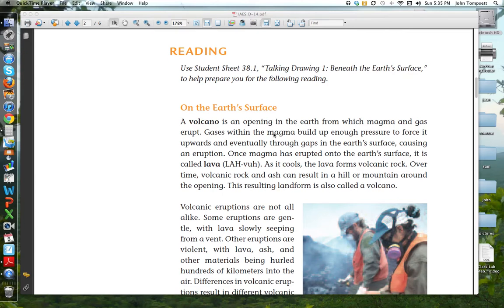Gases within the magma build up enough pressure to force it upwards and eventually through gaps in the Earth's surface, causing an eruption. Once magma has erupted onto the Earth's surface, it is called lava. As it cools, the lava forms volcanic rock. Over time, volcanic rock and ash can result in a hill or mountain around the opening. This resulting landform is also called a volcano.